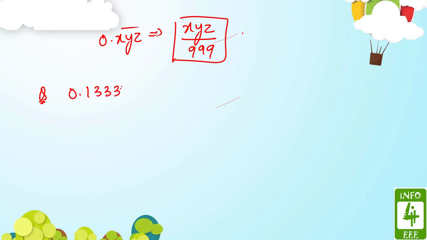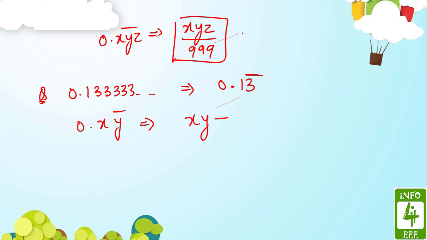But what if the question asks you something like 0.1333? Here only 3 is repeating, not 1. So this expression is something like 0.13 bar, where the bar is only on 3, not on 1. For such questions, we can write it in the form of xy bar. You need to write xy, subtract the number on which there is no bar, and divide by the number on which there is a bar.